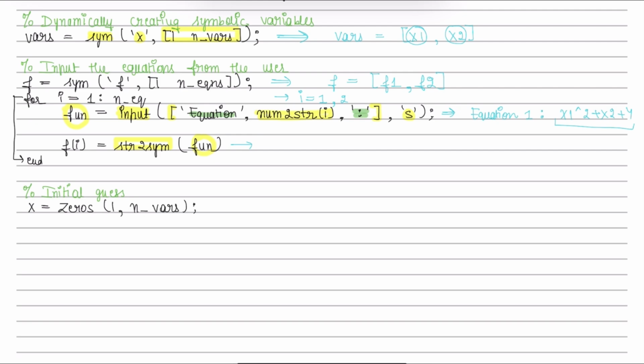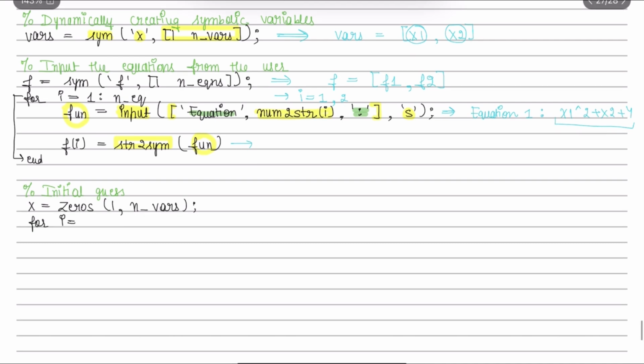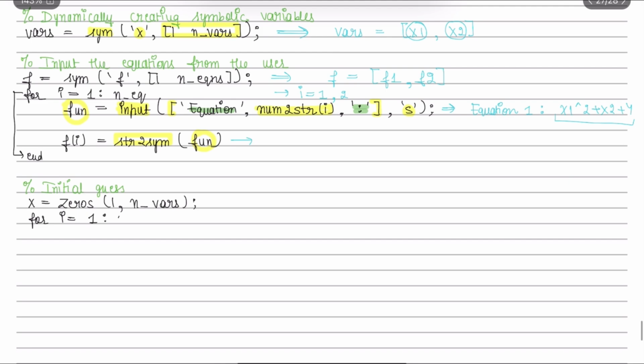Since there will be more than one variable, so to enter each variable we will use a for loop. Starting from 1 till the number of variables, xi will be equals to input.